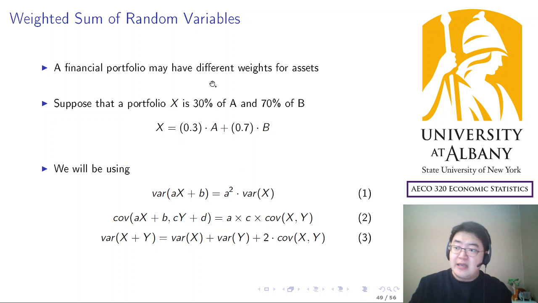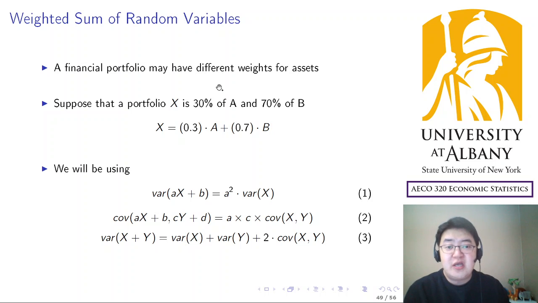In our previous example, we considered a kind of unrealistic portfolio. We only considered investing one unit of A and another unit of B. It does not work like that.